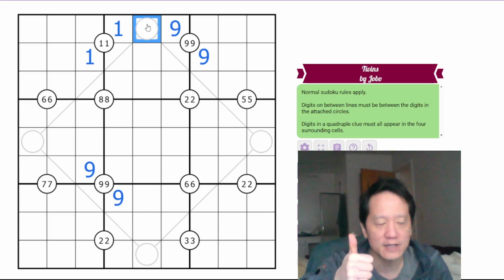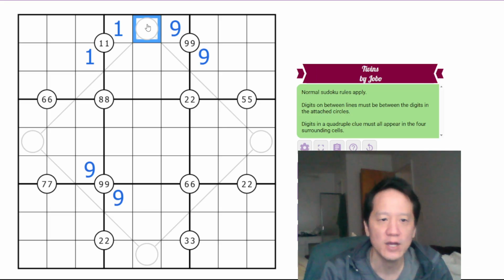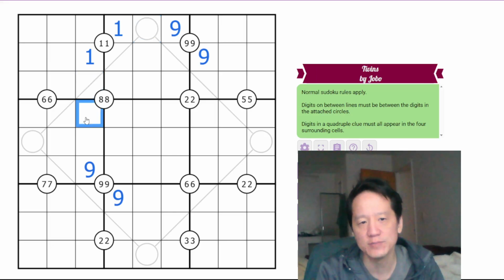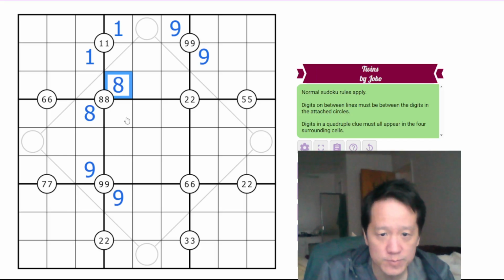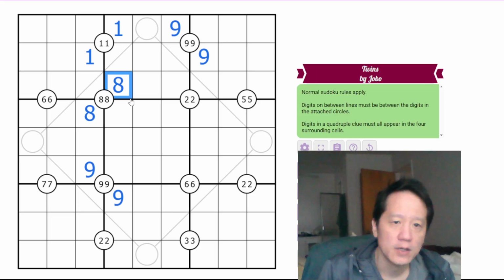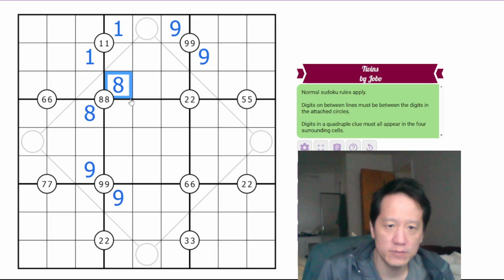An 8 has to be essentially between something and a 9, and neither of these cells can be 9. So therefore 8 cannot be here. 8 has to be here, which means this can't be 8, so this must be 8. That means neither of these can be 8 either.